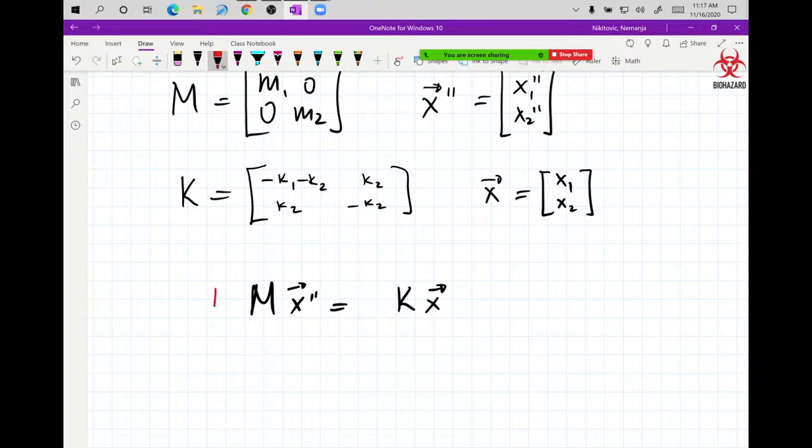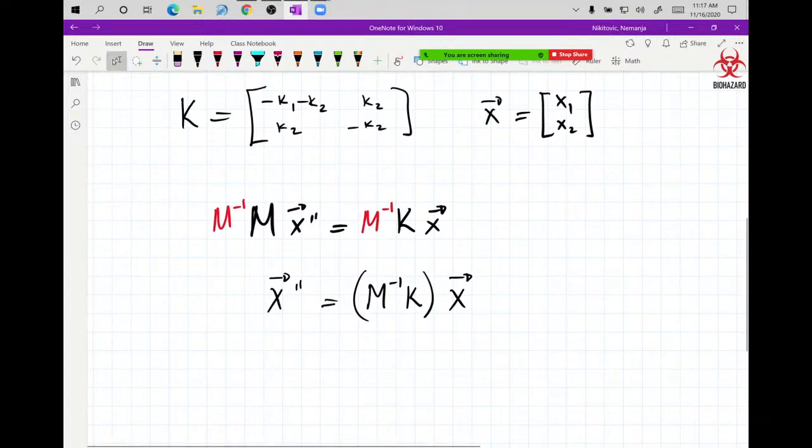And now if I pre-multiply by M inverse, and we know how to find M inverse, right? We convert this system into X double prime, and then this M negative 1 K is something that you can compute first, which will give you a new matrix, and then X like this, which ultimately looks like the system we always used to solve before, except it was first order, and now it's second order.